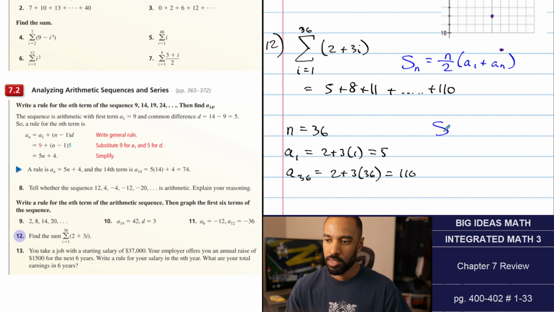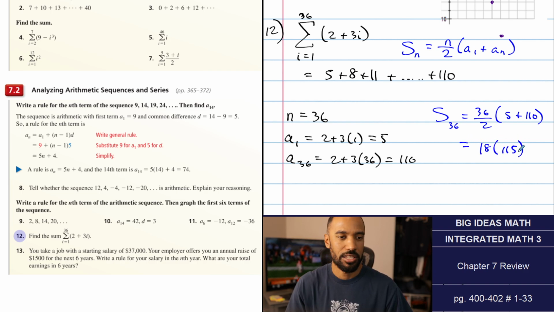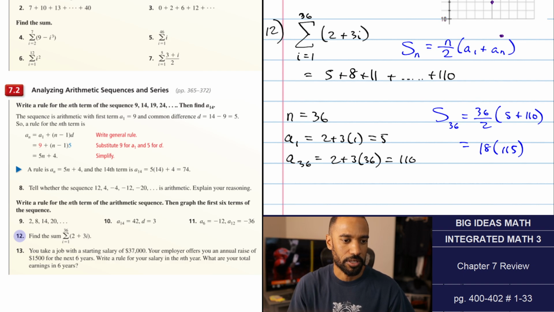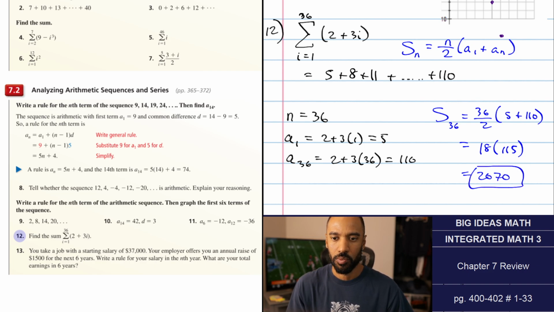So the sum of these 36 terms will be 36 over 2 times 5 plus 110. 36 over 2 is 18. 5 plus 110 is 115. And 18 times 115 is left for the calculator. I'm getting 2070. That is the sum of all these terms here. And that is using an arithmetic series with the formula.